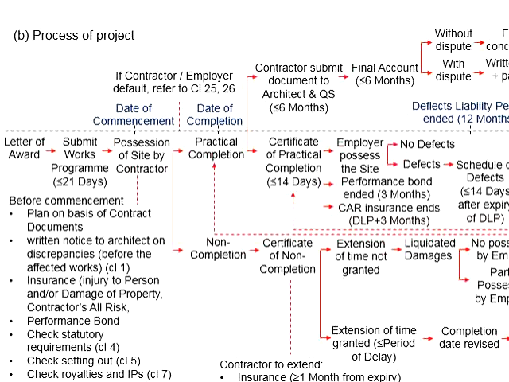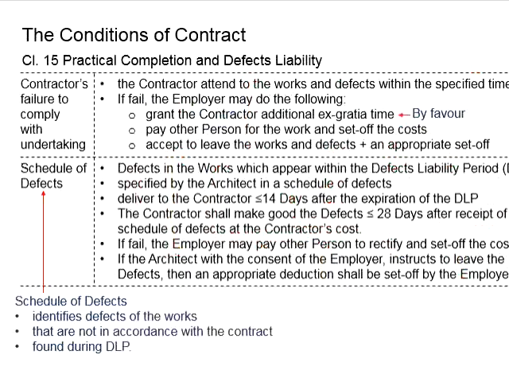In the case that there are defects, the contractor will need to rectify them at its own cost. If the contractor chooses not to rectify them, the employer may pay another person for the work and the cost will be offset from the payments to the contractor.